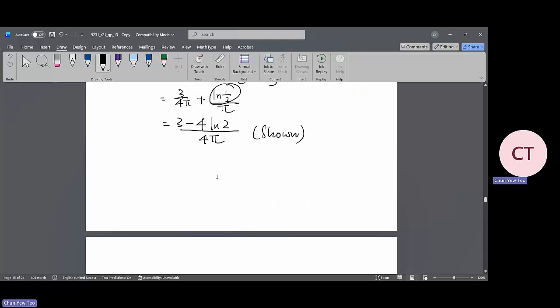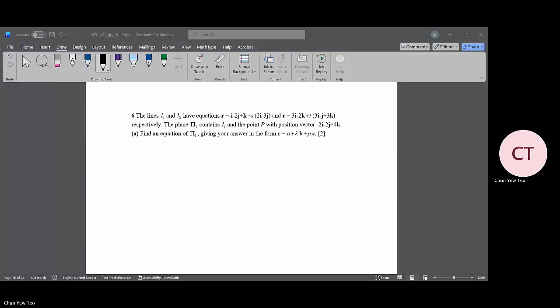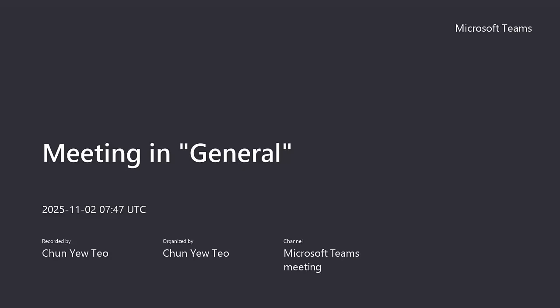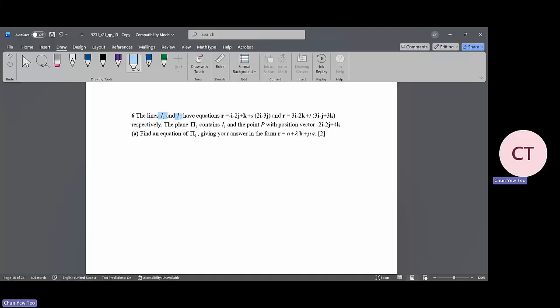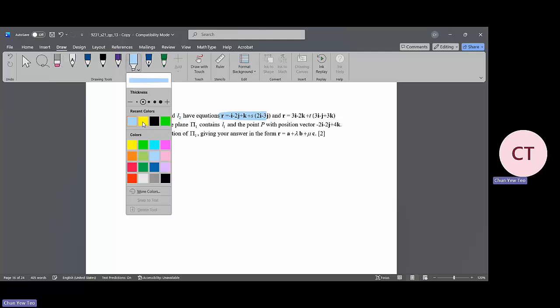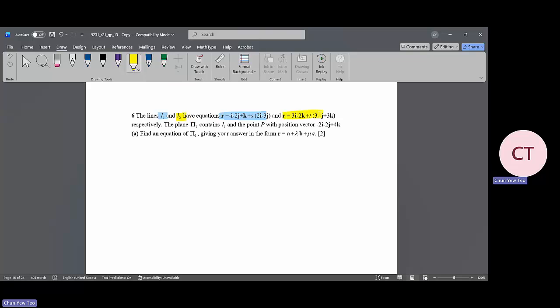Now we move on to question number 6. Lines L1 and L2 are given as the equations over here. So maybe I can use two different colors. L2 is this, respectively.